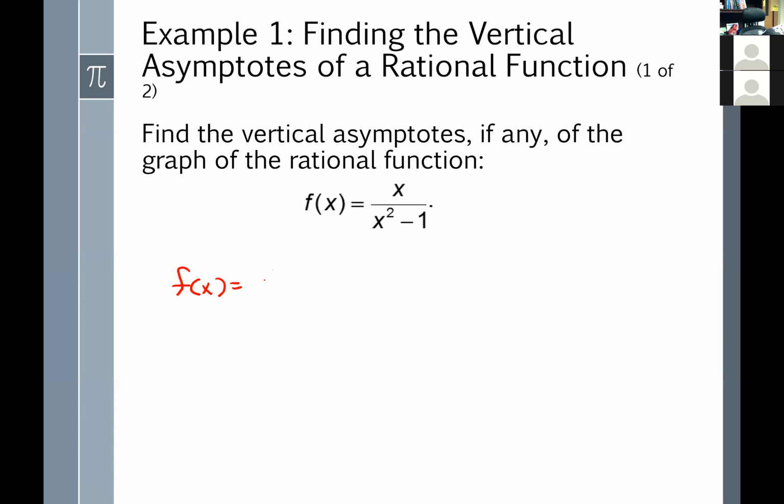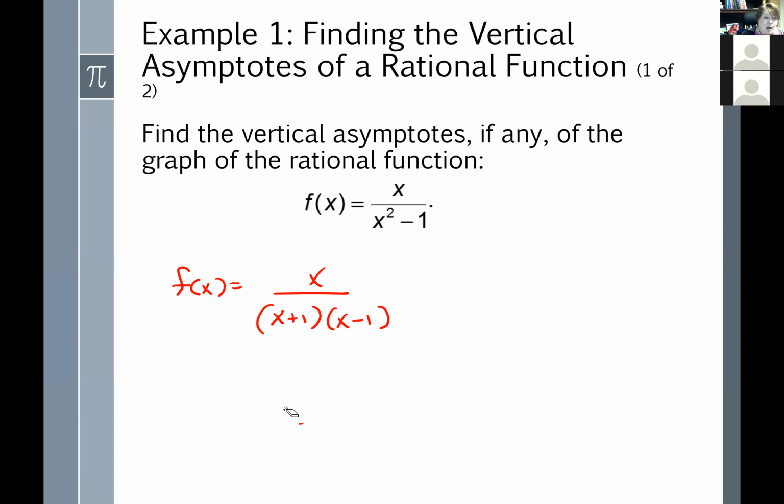So we're going to factor that to x plus 1 times x minus 1. And that is the factorization of x squared minus 1, outside plus inside equals 0. Then I look: are there any common factors that I can cancel?